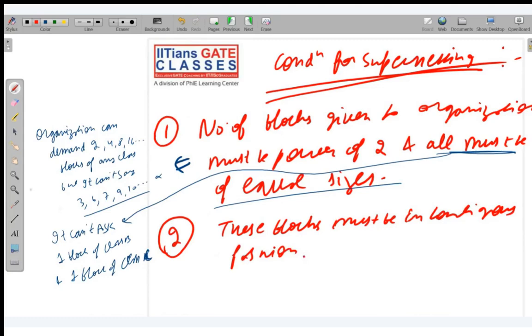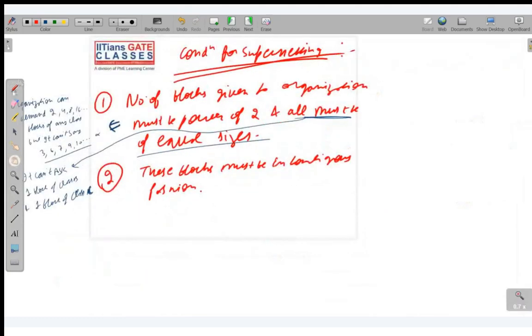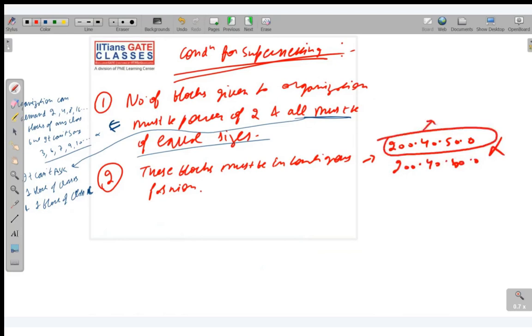For example, if an organization needs two blocks of class C, you cannot say 200.40.50.0 is the first block and 200.40.60.0 is the second block. No, this is not allowed. With 50, you want 51 only. That means the next block is 200.40.51.0. Yes, these two can be given, but the other two cannot be given because they are not in contiguous fashion.